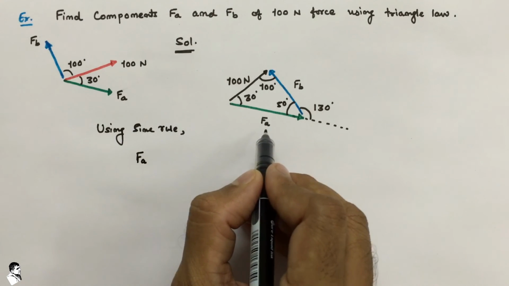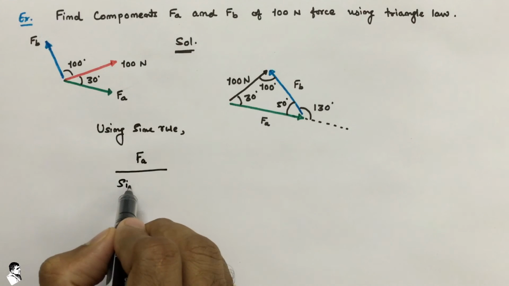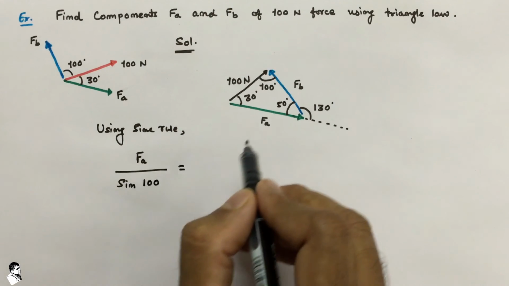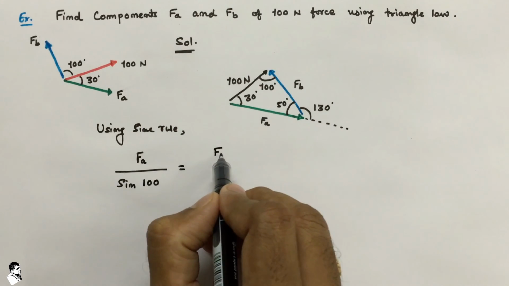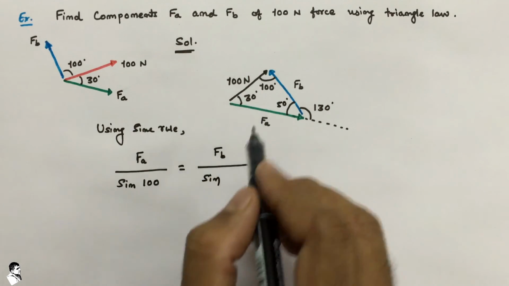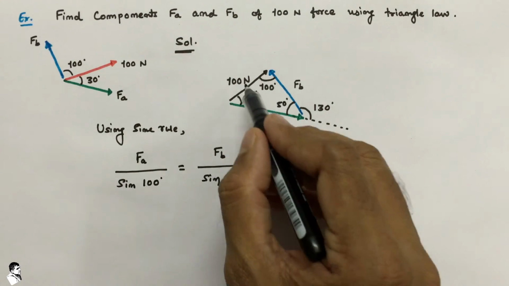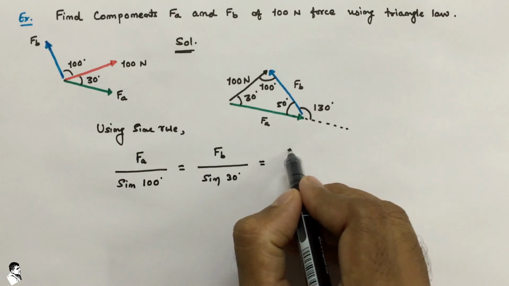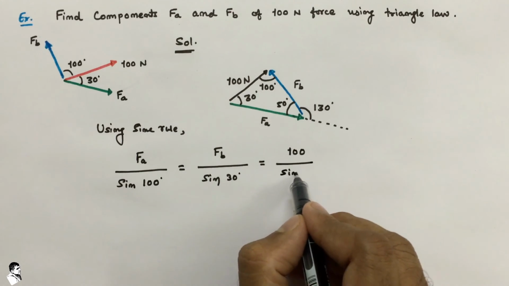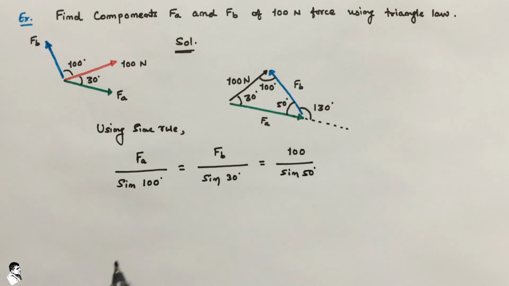Taking the forces one by one, here FA is the first force component, and with respect to that 100 degree is the angle, so we can write down here FA divided by sine 100 equals the second force component, that is FB, divided by sine 30. 30 is the corresponding angle, equal to, we have the resultant value available here, that is 100 divided by the corresponding angle, that is sine 50.